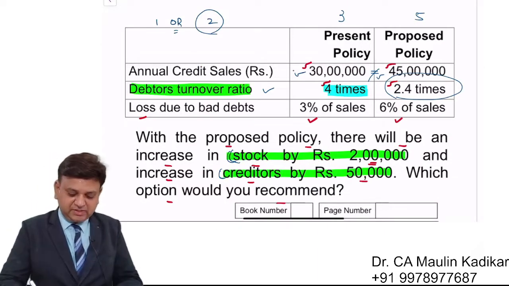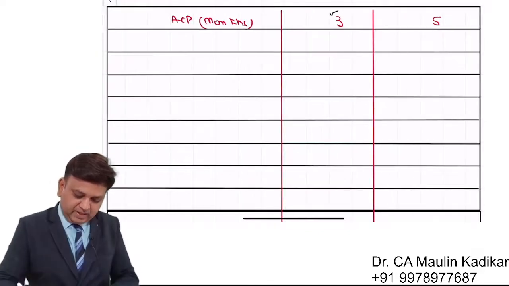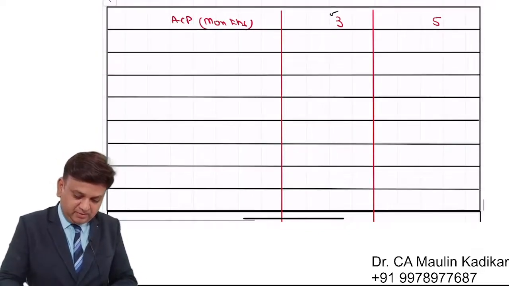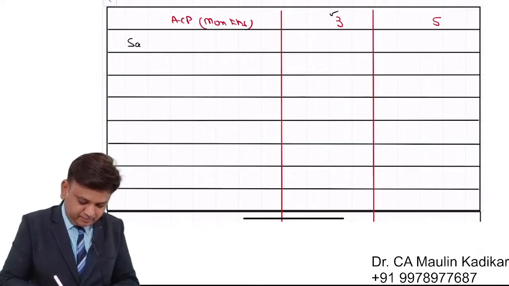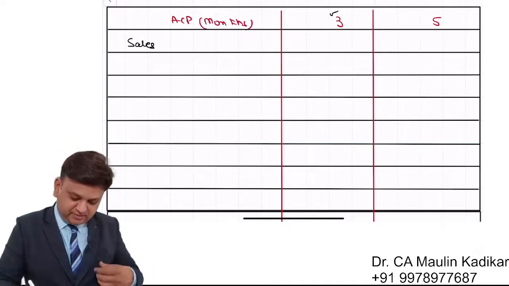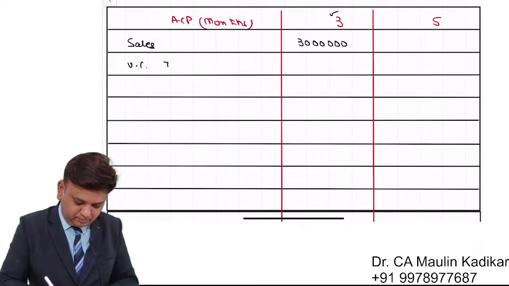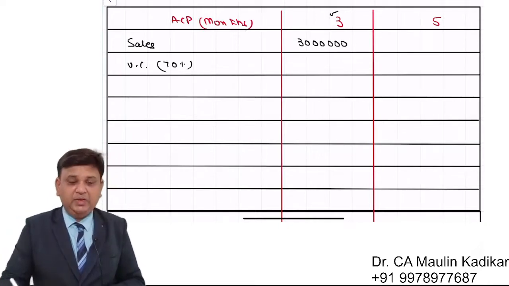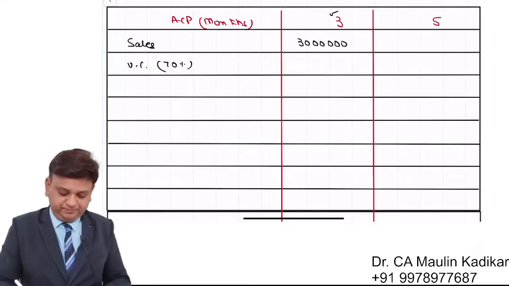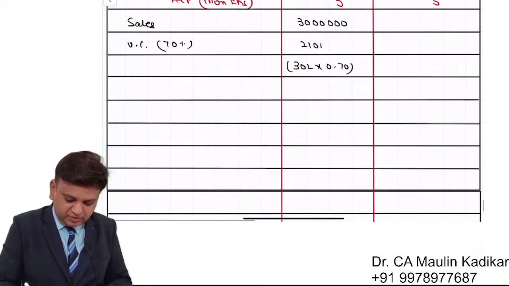Dear students, the sales is provided to us as 30 lakhs right now. I request all of you to write down the answer along with me. Sales is an amount of rupees 30 lakhs. Variable cost is 70% of the revenue, so it is 30 lakhs into 0.70, that comes to 21 lakhs.